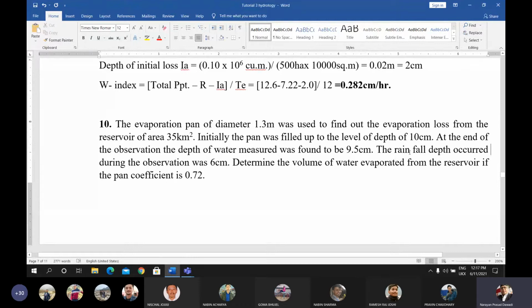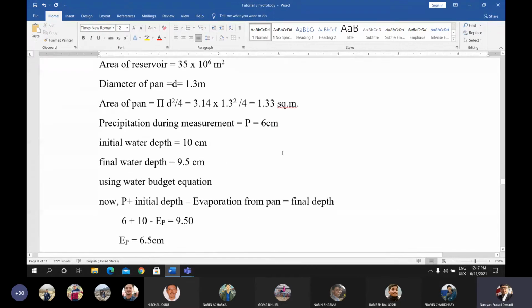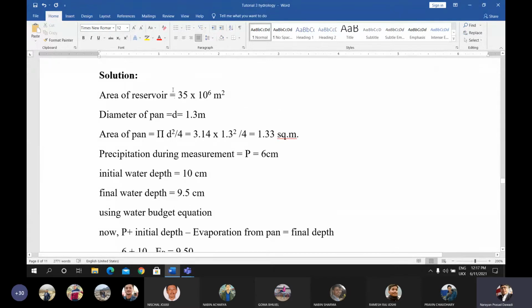The change in depth, delta S, will be 10 minus 9.5, which is 0.5 centimeter. Now the area of the pan, because the pan is circular and the diameter is given, is pi d square divided by 4, where pi is 3.14 into d square, that is 1.3 square, divided by 4, which gives the area of the pan.